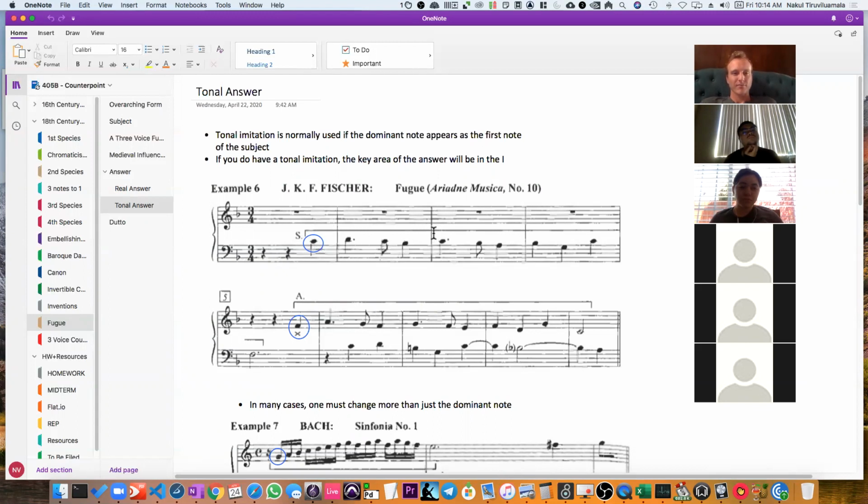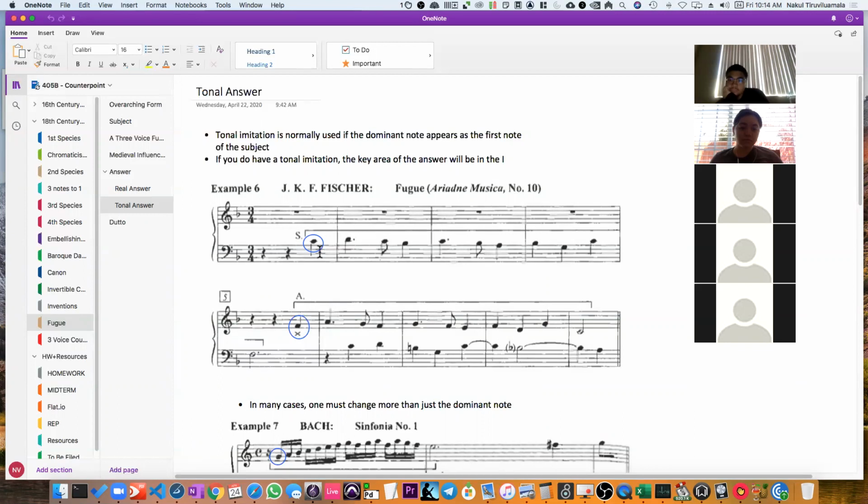Now, here's why this necessitates a tonal answer. If you literally transpose this up a fifth, what you'll get in the answer is a G. Let's say that when we harmonize this, this feels like a 5 at this particular moment.